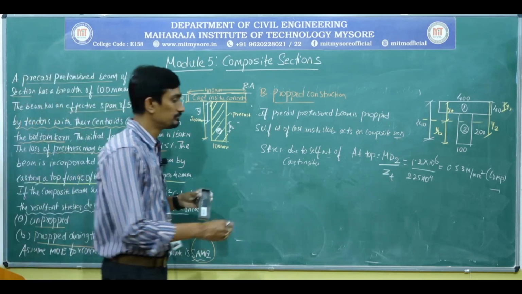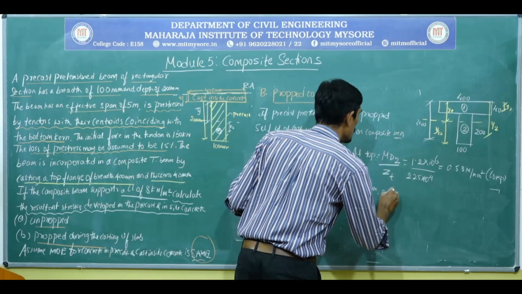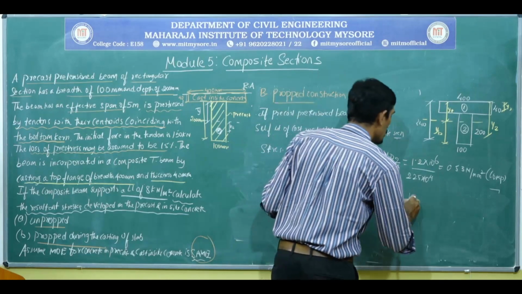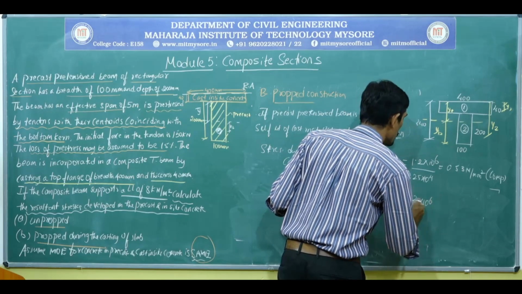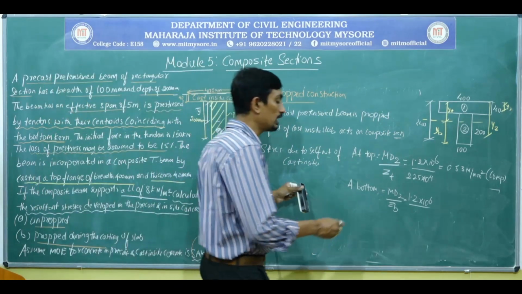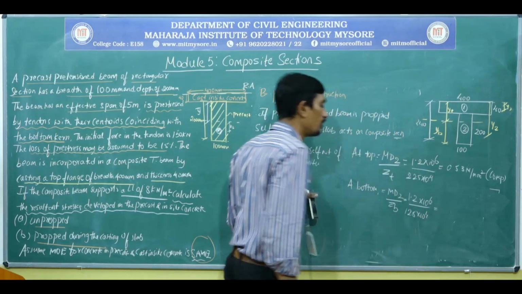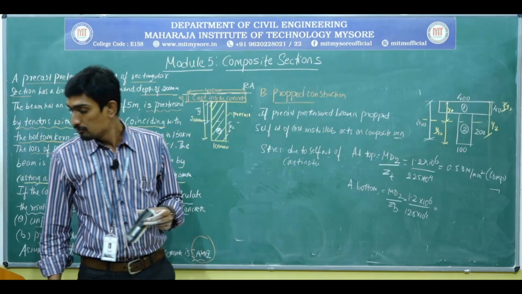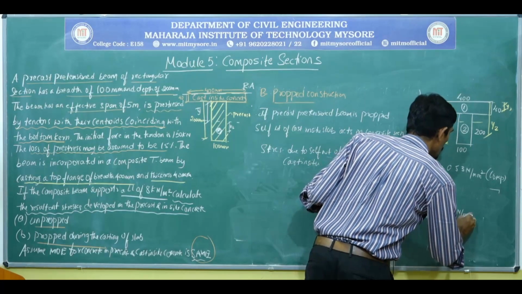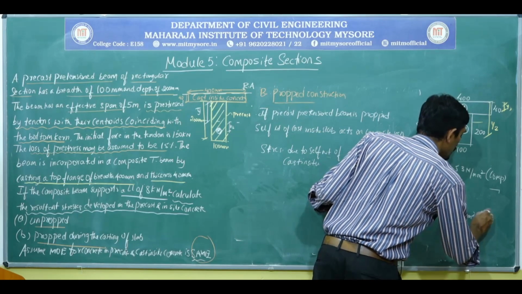And coming to the bottom, MD2 divided by ZB is equal to 1.2 into 10 to the power of 6 divided by 128 into 10 to the power of 4, which is equal to 0.94 Newton per millimeter square at bottom, or I can say tension.